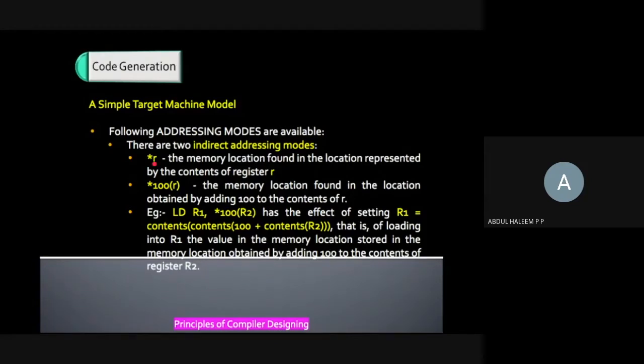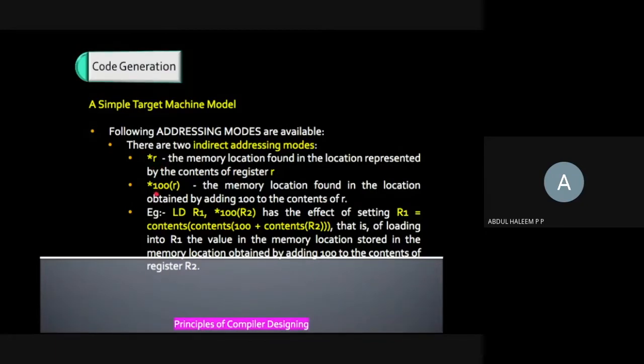So, the value stored at R is known. Now, the memory location is the one whose address is stored in R. So, instead of taking the value of R as such, R will have, say, a value like 1000. 1000 will be treated as a memory location, and the value stored at memory location 1000 will be retrieved.